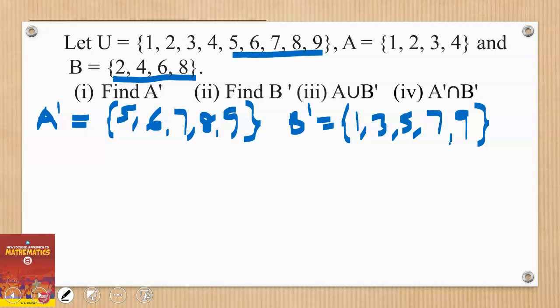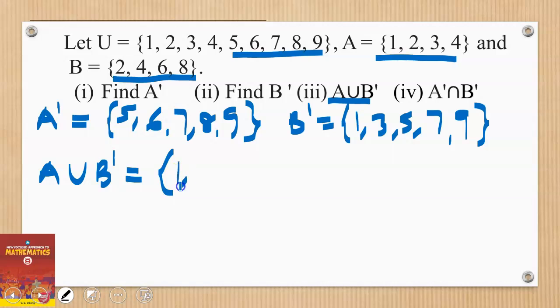And now the question wants us to find A union B complement. We know A to be this, and union B complement means we write all the elements of A, 1, 2, 3, 4, and then B complement is this one. So 1 is already here, 3 is here, so 5, 7, and 9.